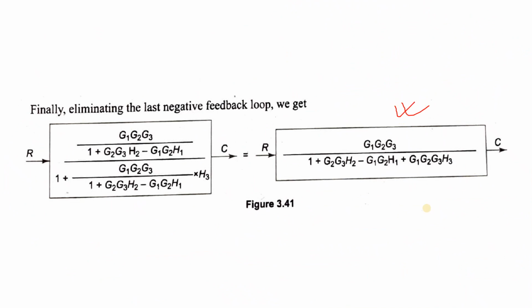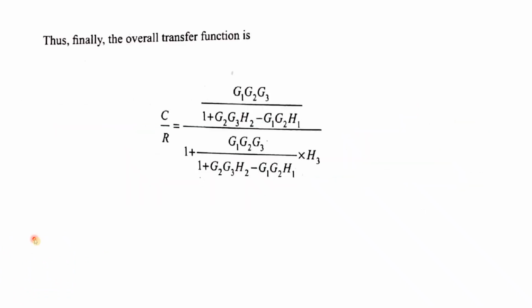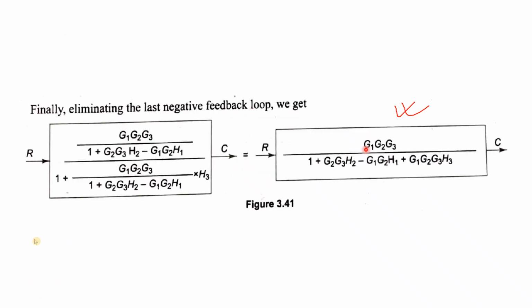That single block is this. This is the overall transfer function of this system, or you can write it in the simplified form this way: G1 G2 G3 by 1 plus G2 G3 H2 minus G1 G2 H1 plus G1 G2 G3 H3.